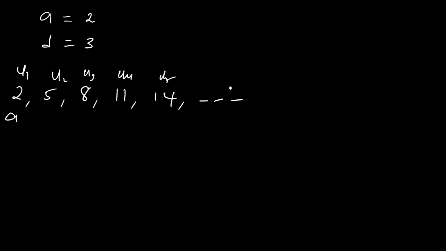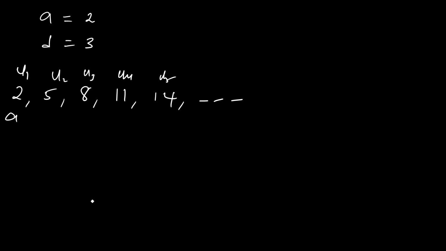So for an AP, each term is obtained by adding the common difference to the preceding term. Once we know the first term and the common difference, the sequence can be formed. So let's look at how to deduce the formula for an AP.